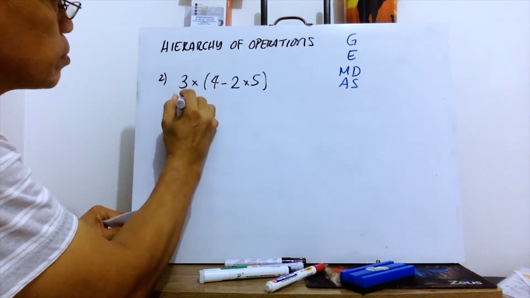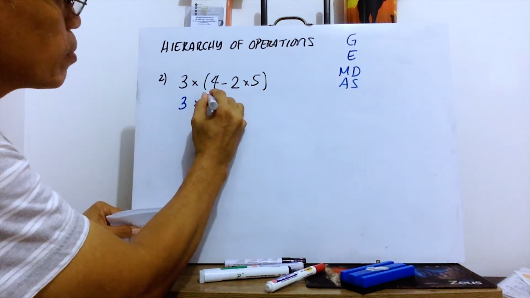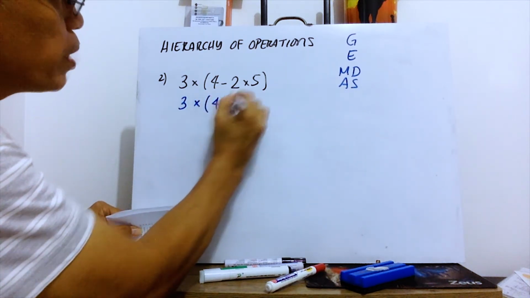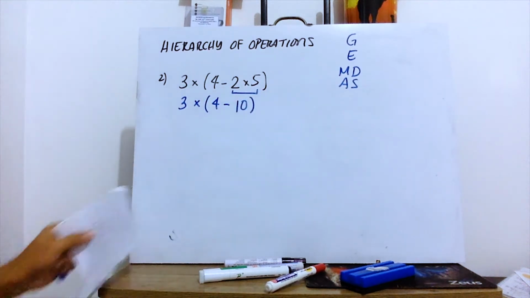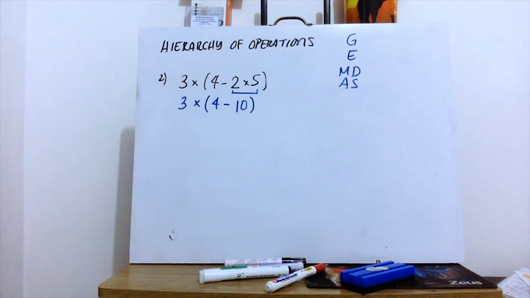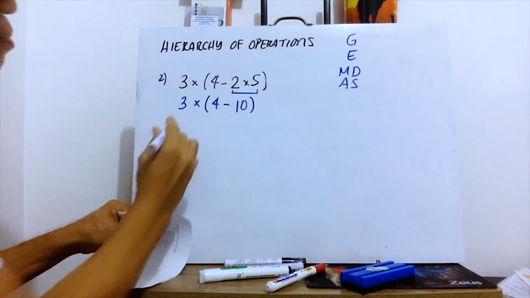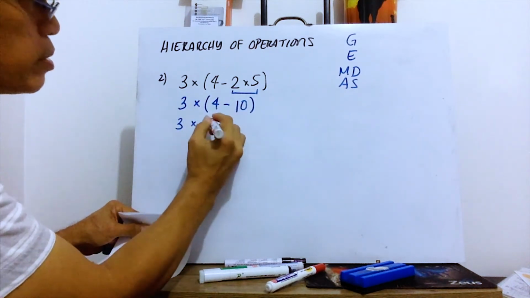So 3 times 4 minus, let's do this, multiplication first before subtraction. Then we can now simplify. What is 4 minus 10?